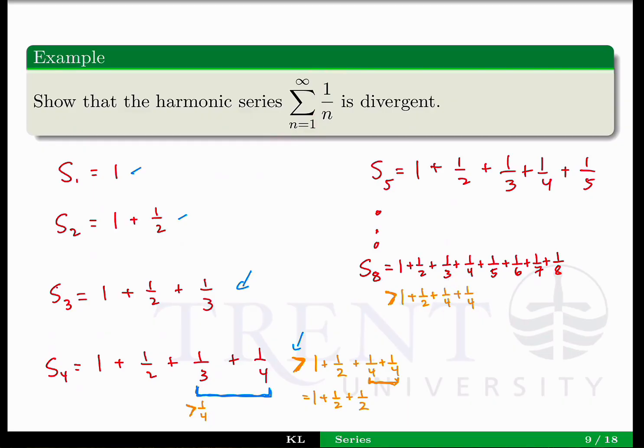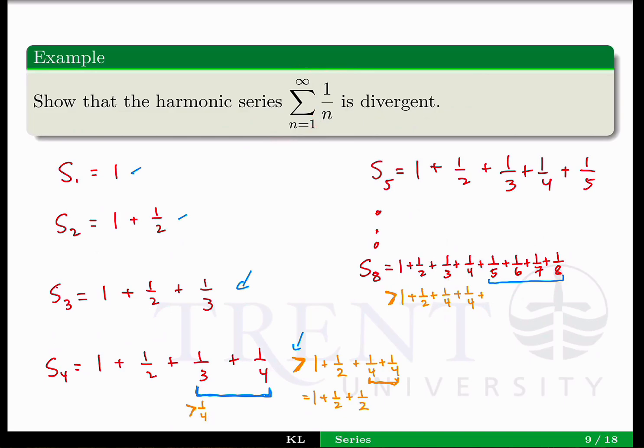Then we look at these terms. 1/5 is greater than 1/8, 1 over 6 is greater than 1/8, 1 over 7 is greater than 1/8.